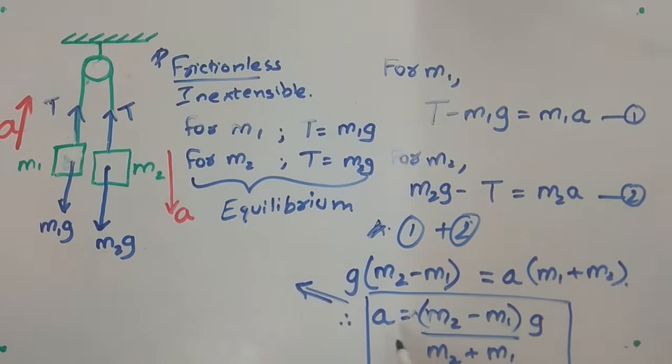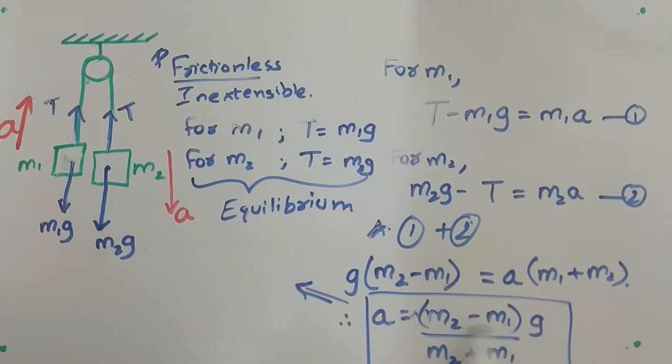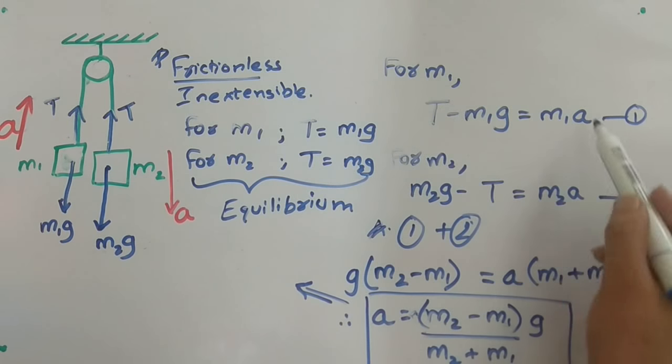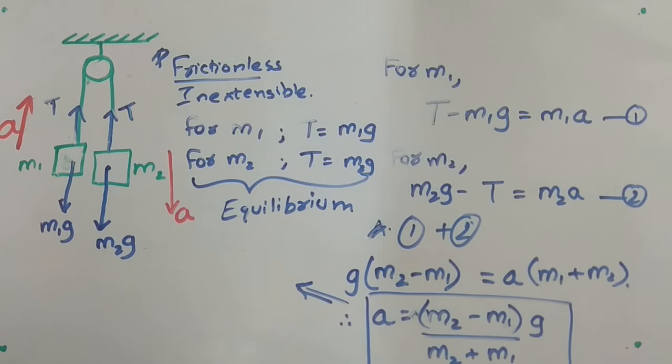Now, if in the question acceleration is given and you have to find tension, then use these equations, acceleration will be given, mass is given, then obviously you can find the tension as well.